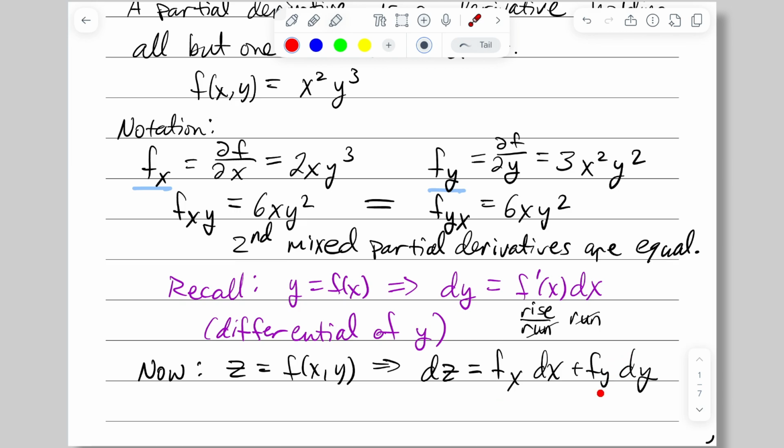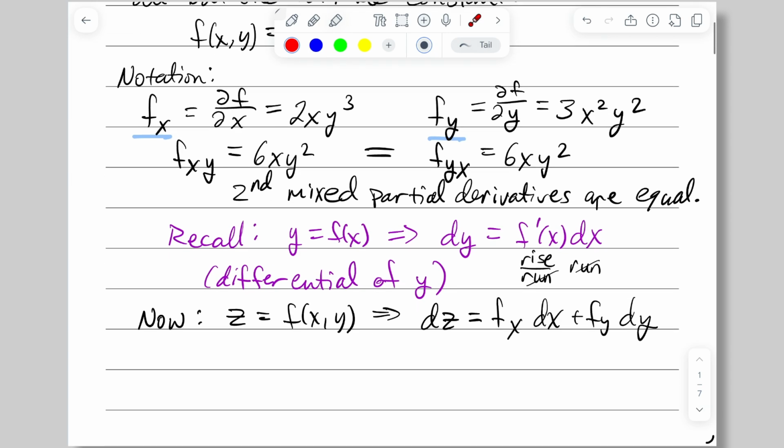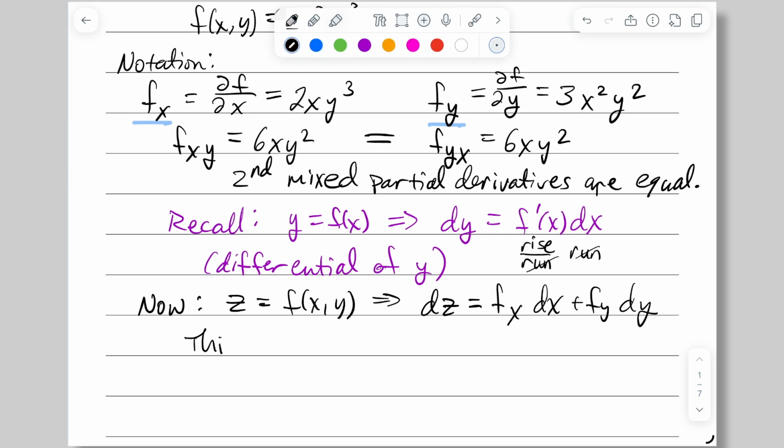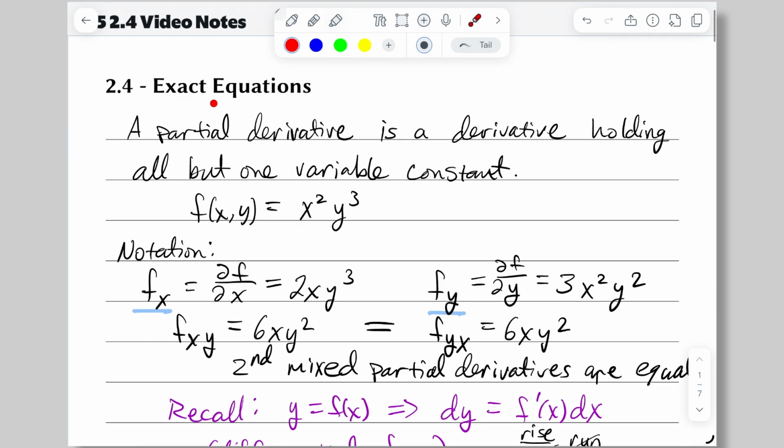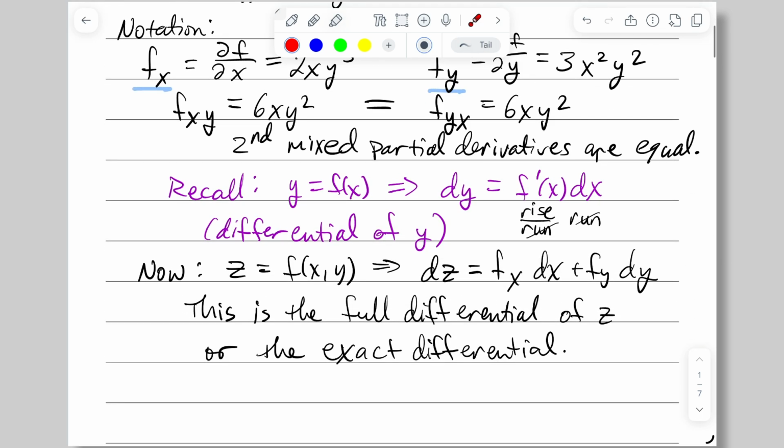When both x and y change, we end up with dz, the differential of z. This is what's known as the full differential of z, or the exact differential. That word exact there is where these equations, exact equations, get their name.